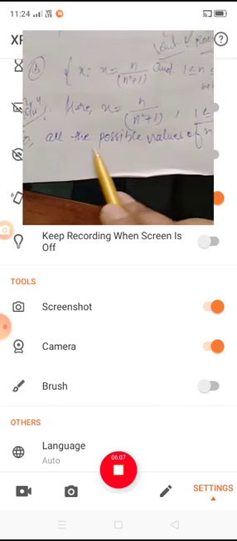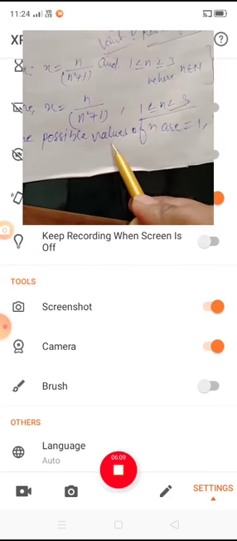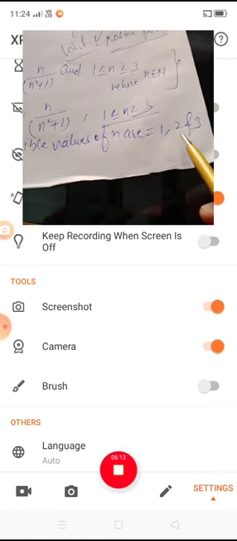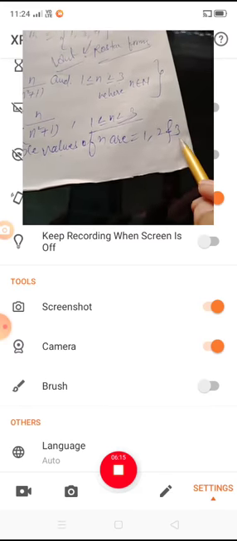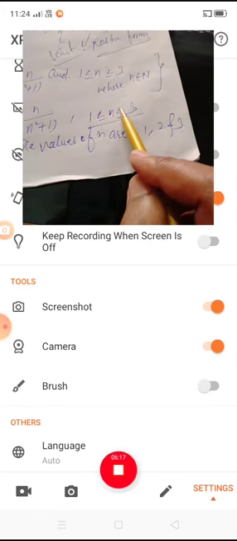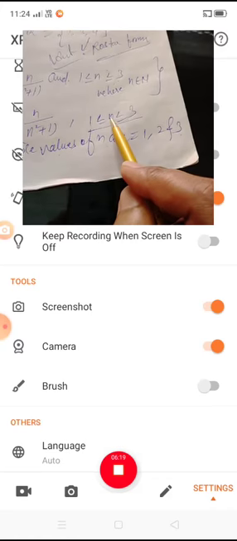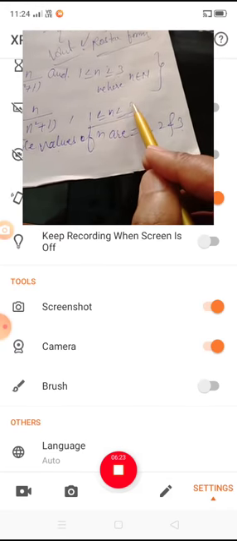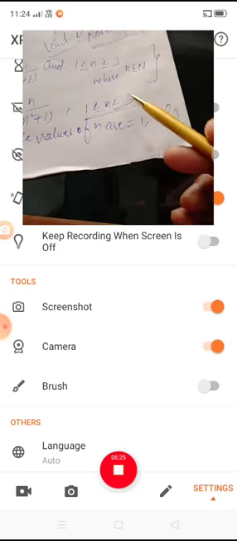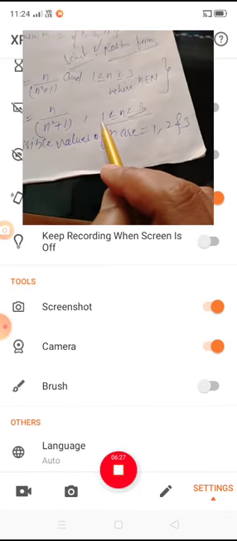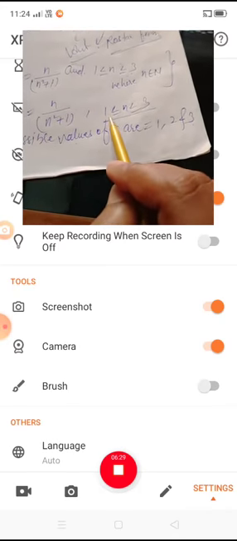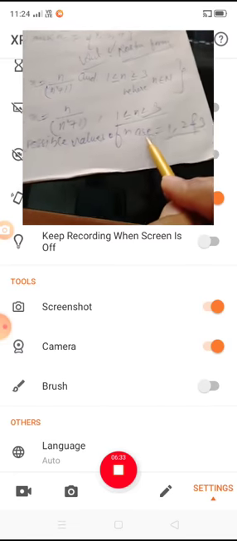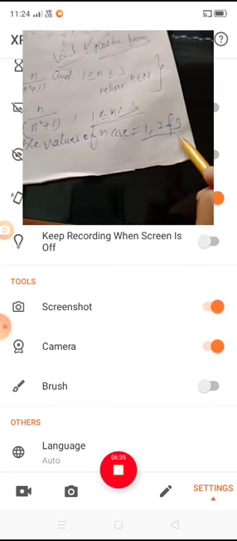Not greater than 3, because the maximum value of n is 3 or less than 3, and the minimum value of n is 1 or greater than 1. So all the possible values of n are 1, 2 and 3 only.